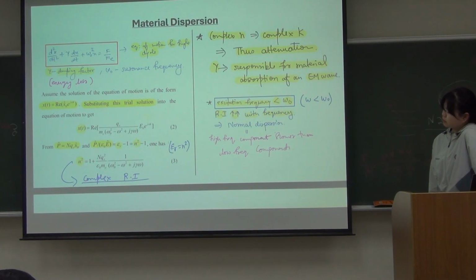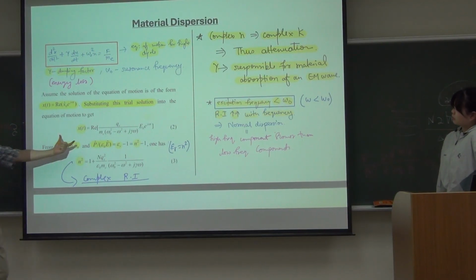Remember that you have epsilon r equal to 1 plus chi. Those are all complex numbers. And this is equal to n squared. So now you understand this is, in fact, the system transfer function of the dipoles per unit volume.